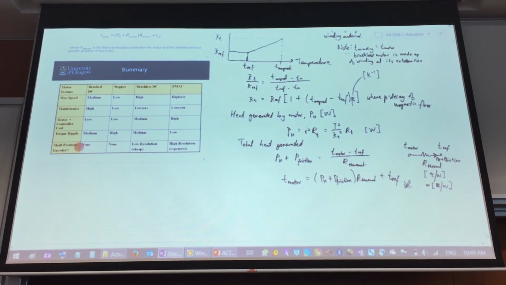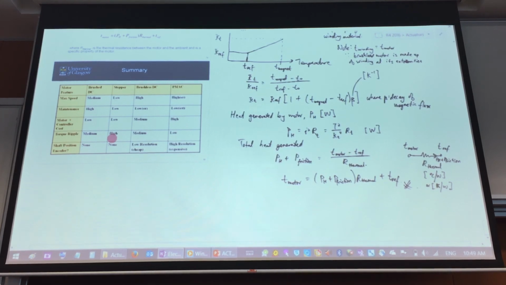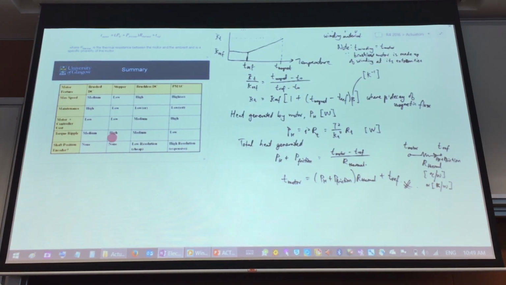And the torque ripple refers to your amount of torque that's applied to it. Is it a constant or is it jittery? So for a stepper motor, you'll find that it's more jittery because of the step size. So that's one of the disadvantages of the stepper motor. So that's why that's high.